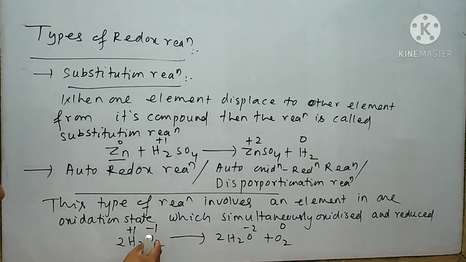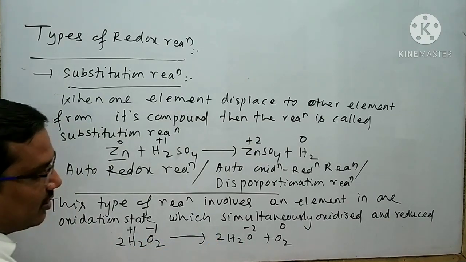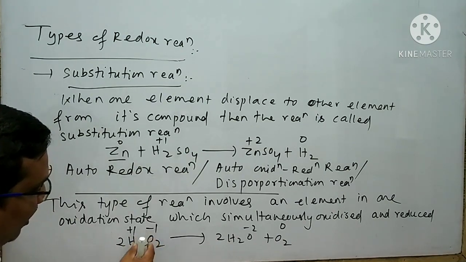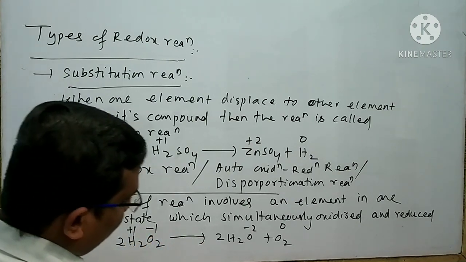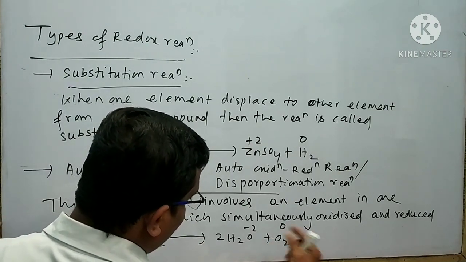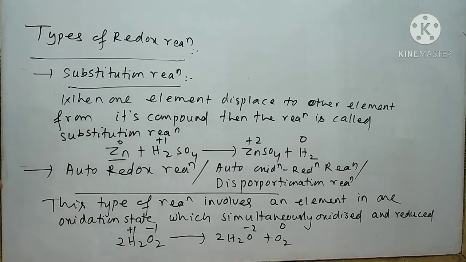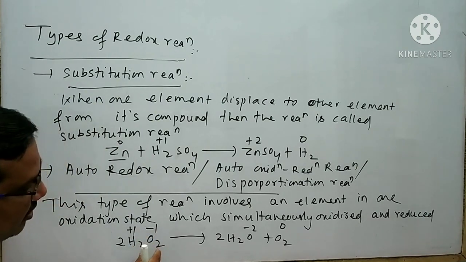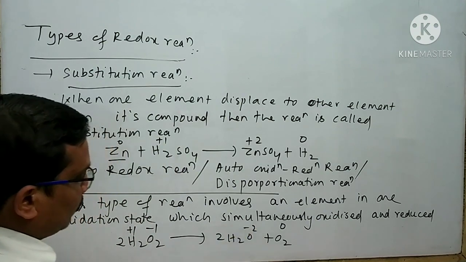Here the oxygen atom undergoes both oxidation and reduction, because one oxygen atom having -1 oxidation state undergoes oxidation and is converted into oxygen. On the other hand, another oxygen atom having -1 oxidation state undergoes reduction and is converted into an O-2 ion.